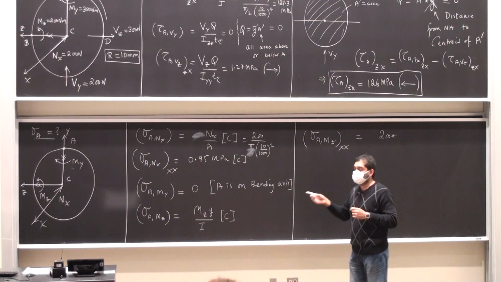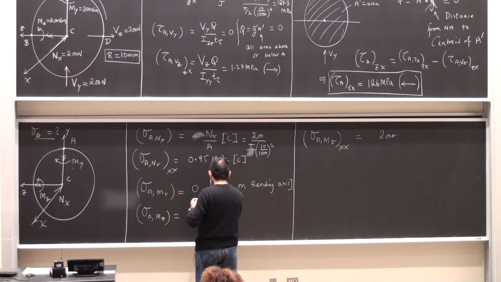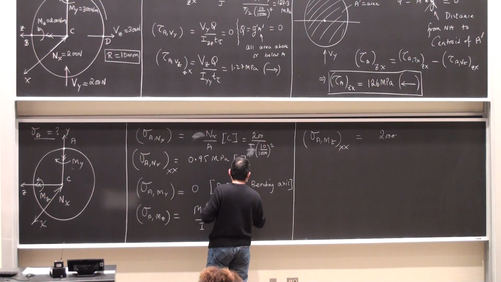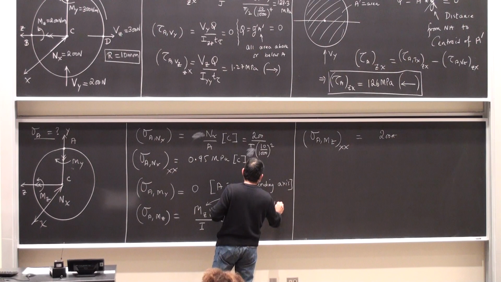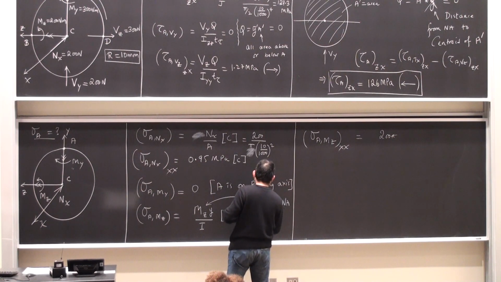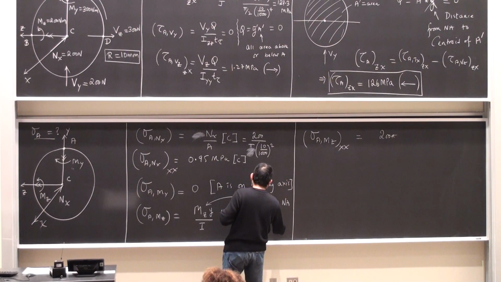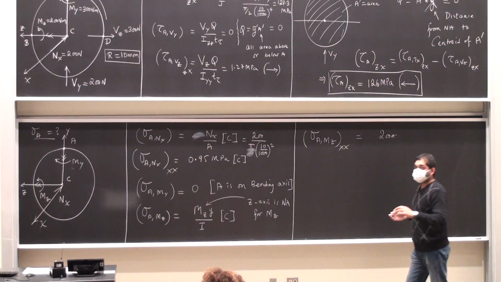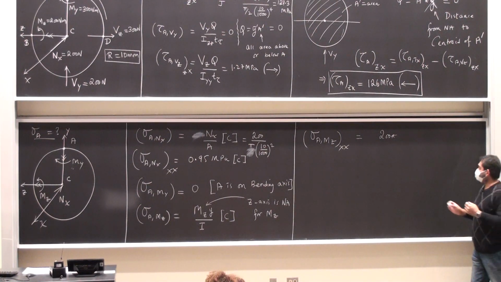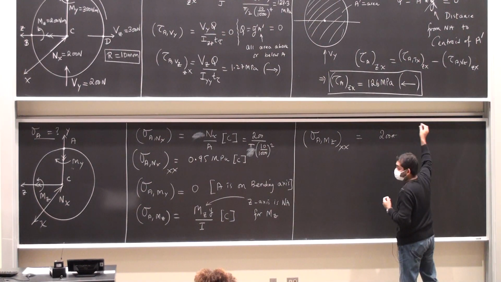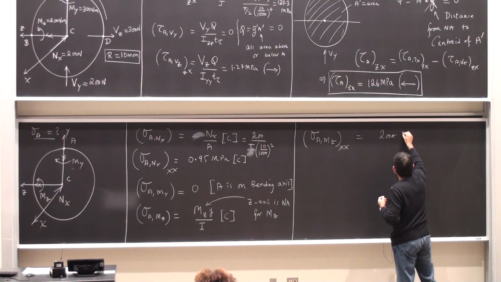For the bending moment Mz, the z-axis is the neutral axis. Okay, so y is the distance of point A from the neutral axis. So this is half the diameter, or the radius itself.